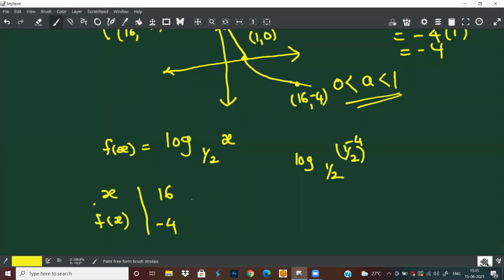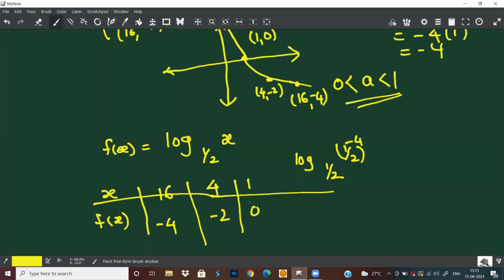Suppose my value of x is 4 there. So this gives -2, so (4, -2). Log of 1 to the base half is going to be 0. So this is my (1, 0). Now if I take 1 by 4, log of 1 by 4 is half squared to the base half.